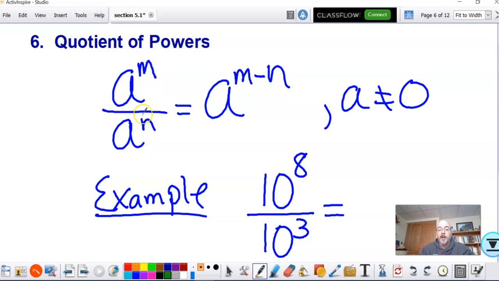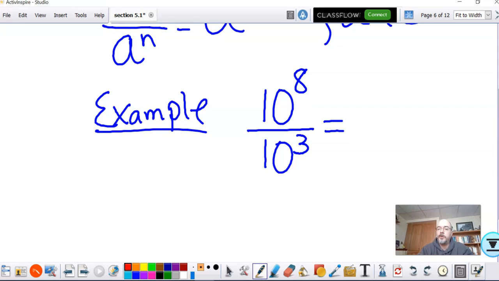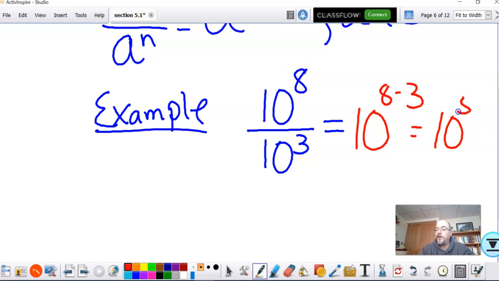Well, since it's a quotient, we got a numerator and a denominator, you can see we are subtracting those exponents. All right, so looking at this problem right here, folks, this one looks like it would be 10 to the 8 minus 3, so that answer would be 10 to the 5th power. All right, so that's where we subtract the exponents.